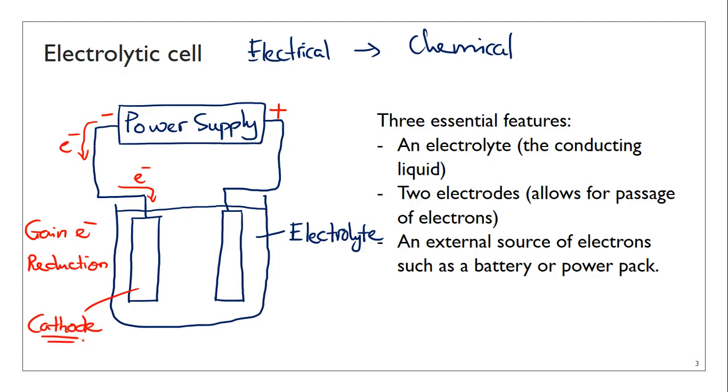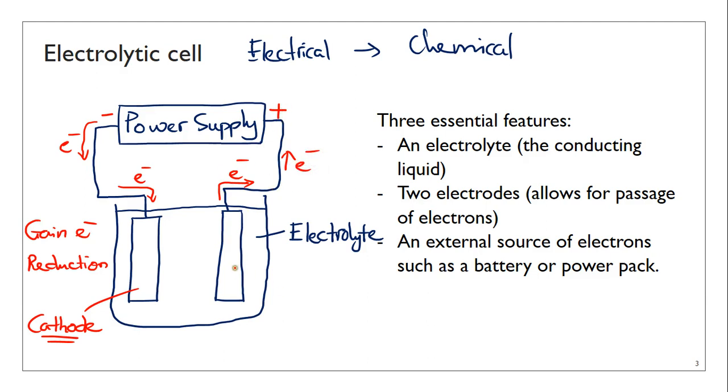So in the case of an electrolytic cell, you can identify whether an electrode is the cathode or the anode based on the terminal that it is connected to. Well, the terminal of the power supply that it is connected to. Similarly, this electrode is connected to the positive terminal of the power supply. So electrons will be forced to leave this electrode because electrons will be attracted to the positive terminal here.